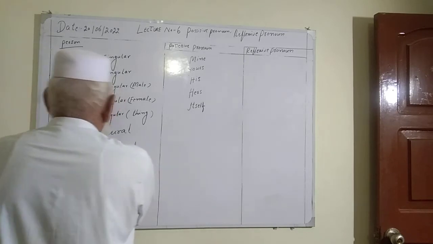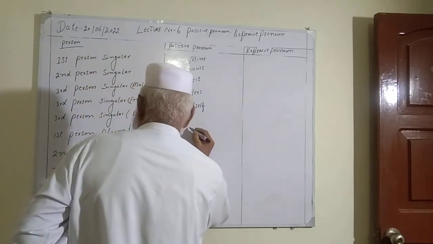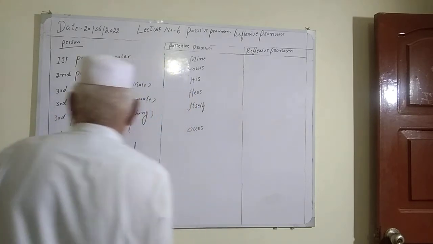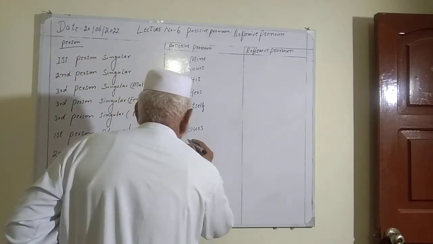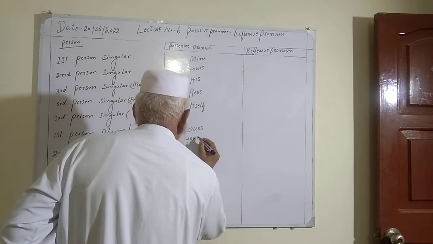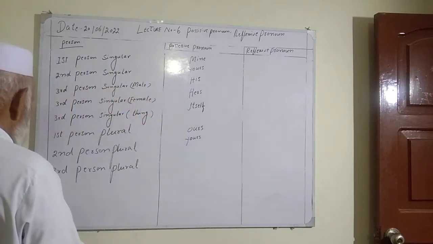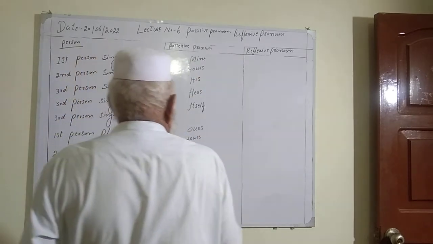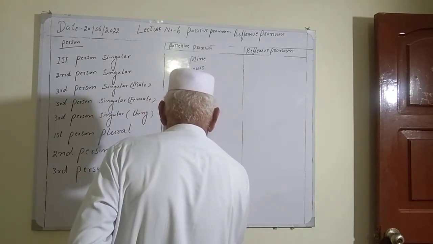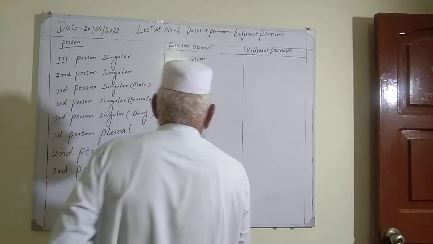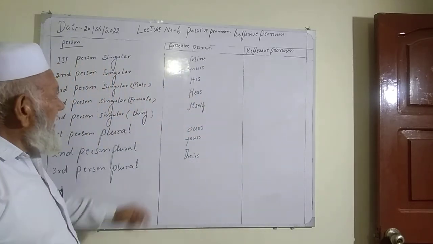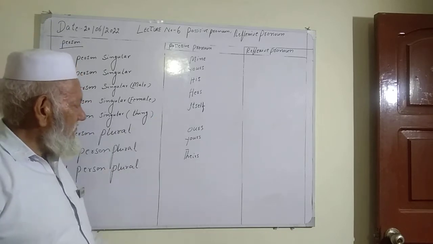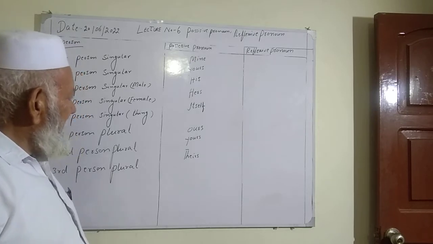First person plural is ours, second person plural is yours, third person plural is theirs. So now you are clear: mine, yours, his, hers, its, ours, yours, and theirs.